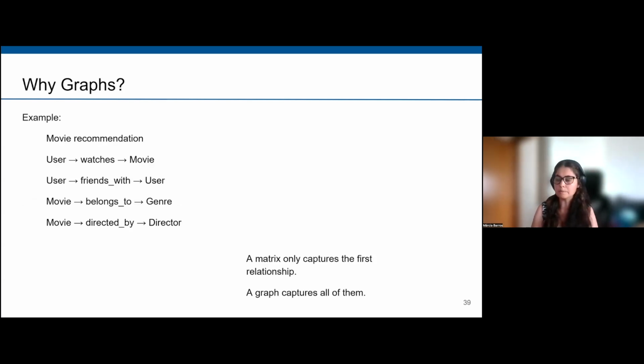For example, for a movie recommendation, I will have: user watches movie, user is friend with another user, movie belongs to some genre, and movie is directed by some director. The matrix will capture this first relation, but the graph will capture all of these relations.